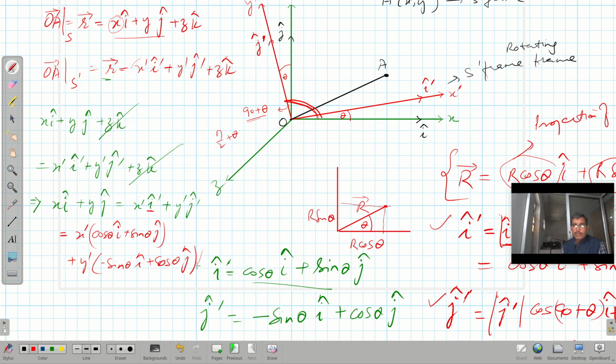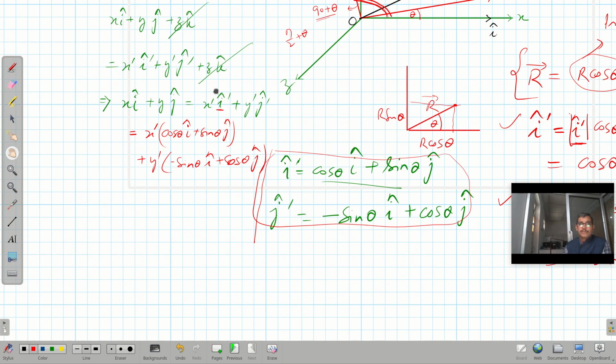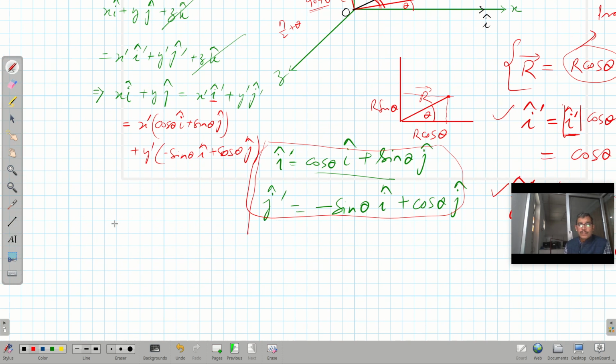You have to remember this particular relationship for the future. This is a very important thing. So let us proceed further. Let me rearrange it.